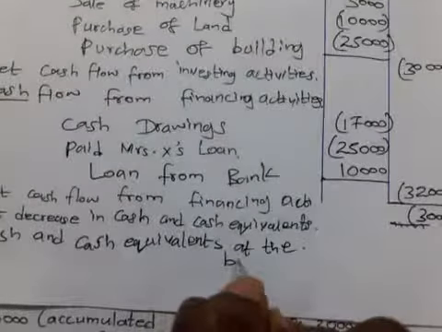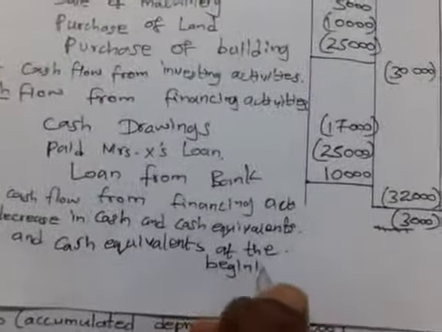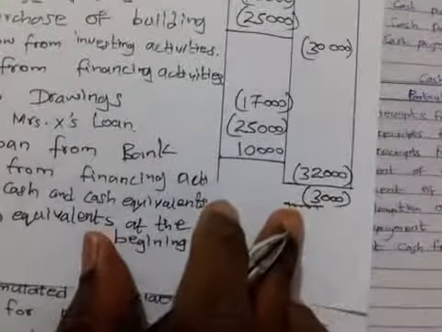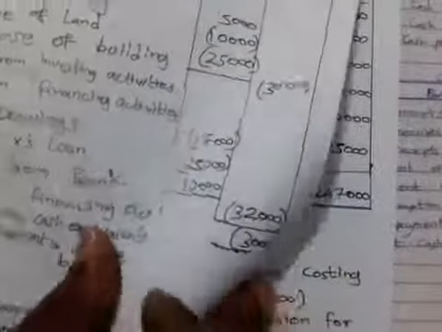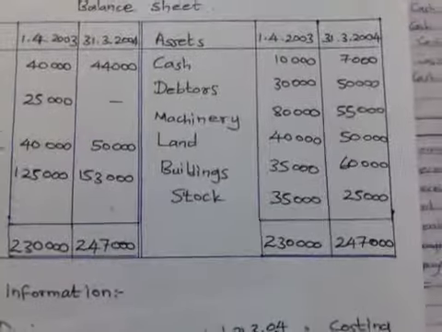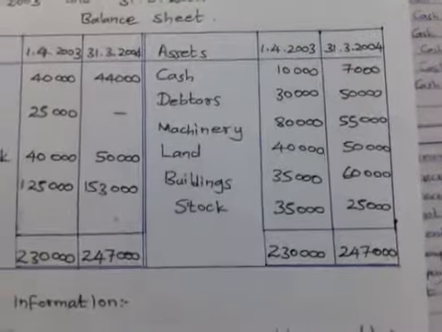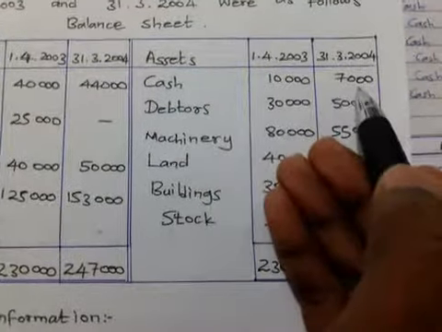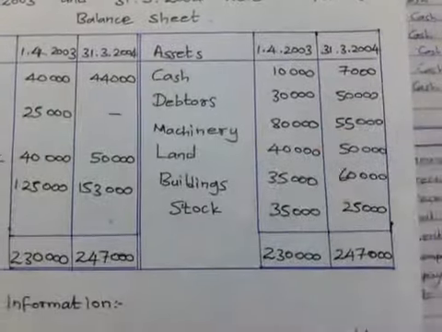In the balance sheet we can find that amount, 10,000, as well as at the end of the year 7,000.